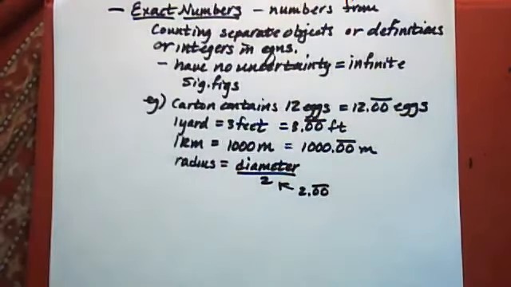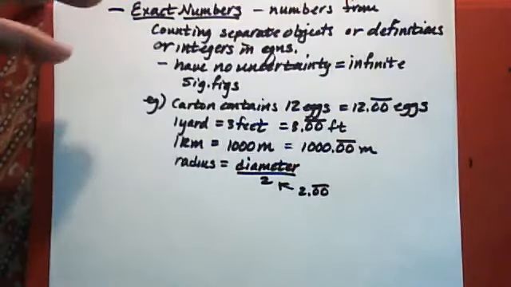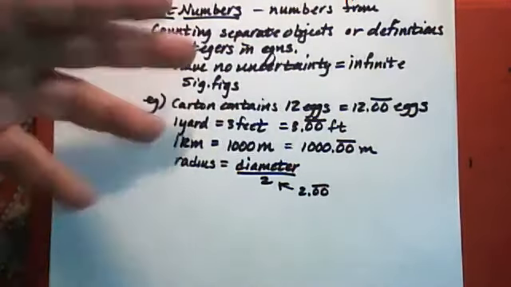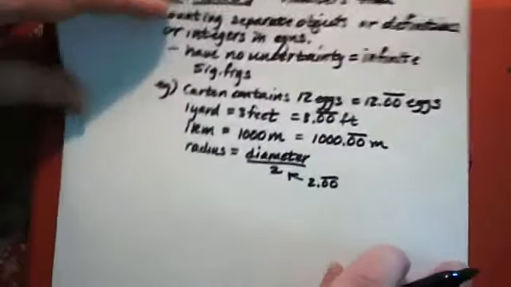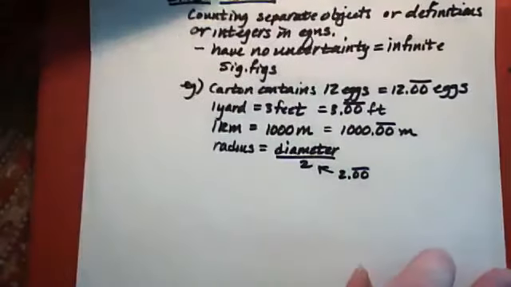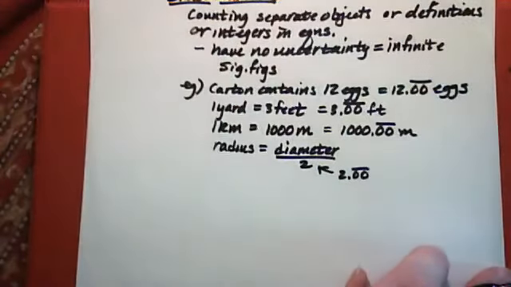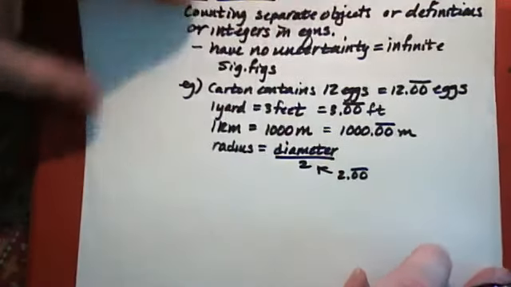That 2 is an integer, which means it's an exact number, and that would be considered to be an infinite number of significant figures. 2.000 on to infinity. Okay, so those are kind of exceptions to the rules of counting significant figures.